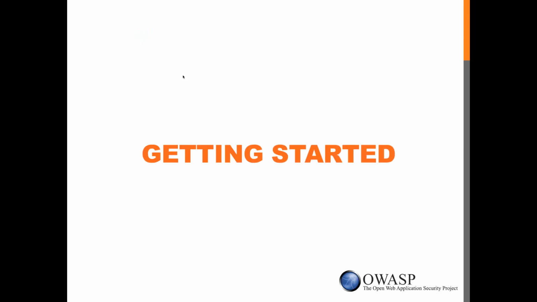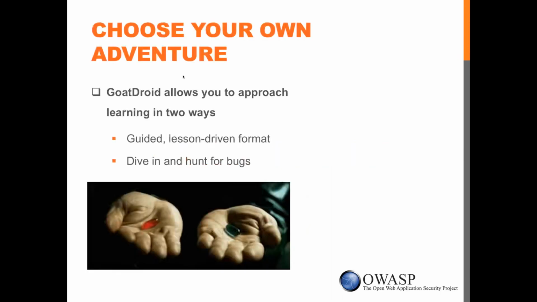So, getting up and running with GoatDroid. We've approached it in two different ways. Compared to something like WebGoat, where you pretty much go lesson by lesson, module by module, we try to give users of GoatDroid two different options. One way you could take the guided route, and the lessons will tell you exactly where to go and exactly what you're looking for.